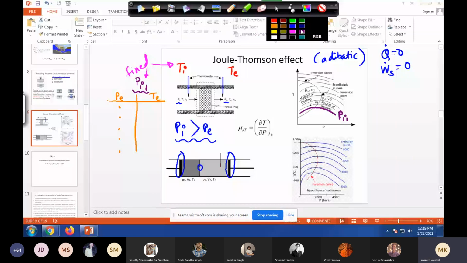And then you plot T and P. So this is TE and this is PE. If you plot this P versus T data, you will get this violet curve.